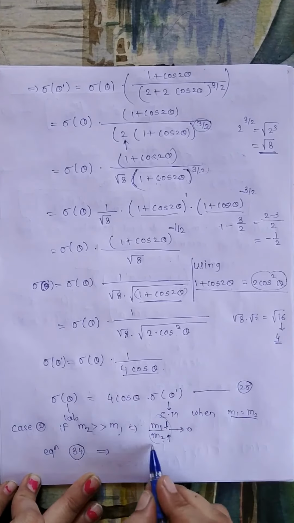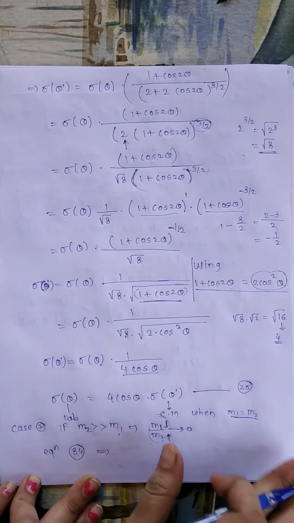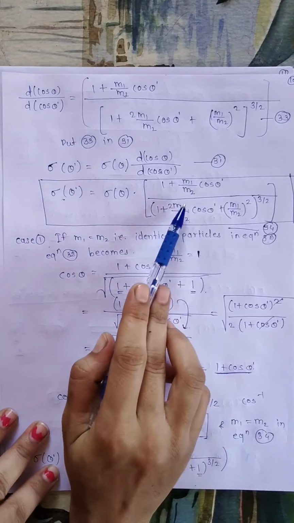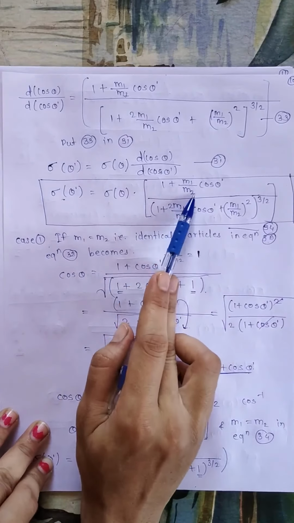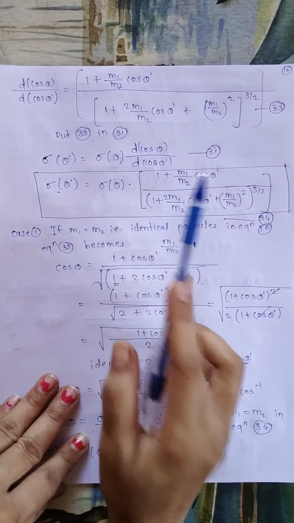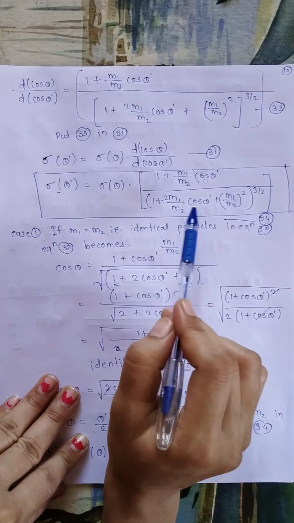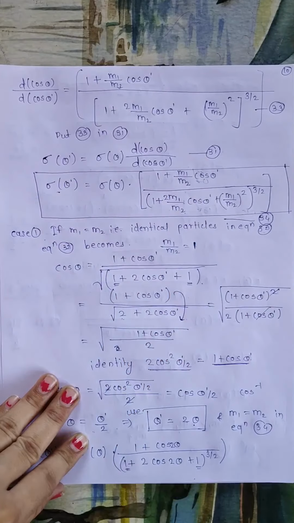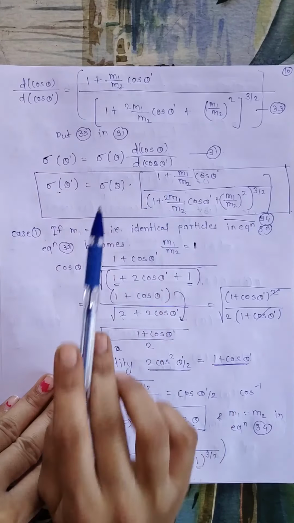So if we do this substitution in equation 34, which was this equation. So here, if we put M1 upon M2 as 0, so this term will become 0, this also will become 0, and this term will also become 0. Means only 1 by 1 remains, that is 1.